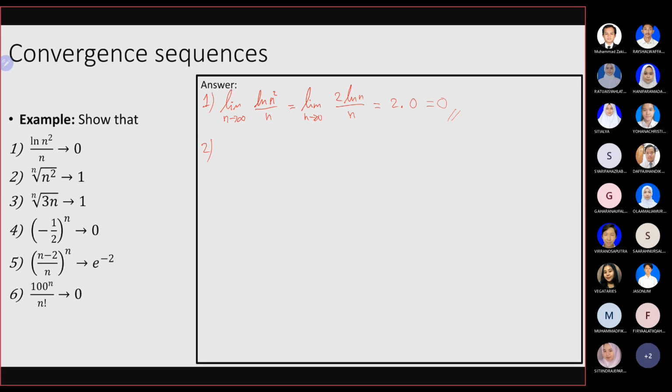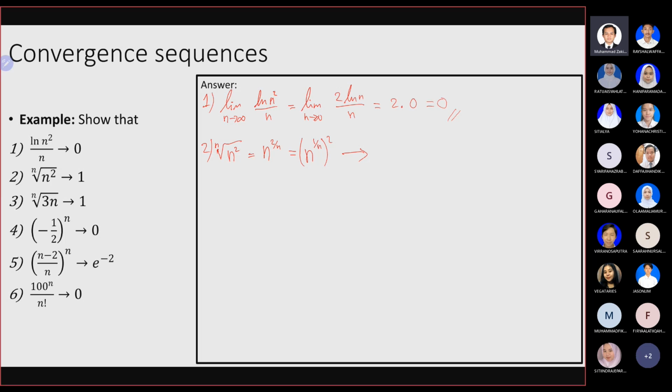Number 2, we see here the nth root of n squared is actually n power 2 over n, which is equal to n power 1 over n squared.